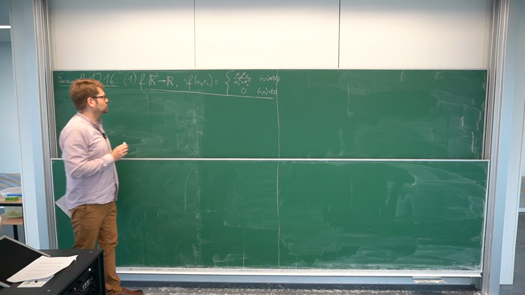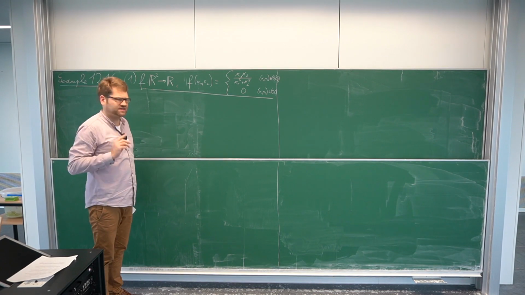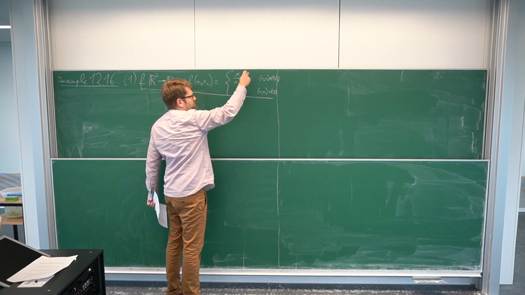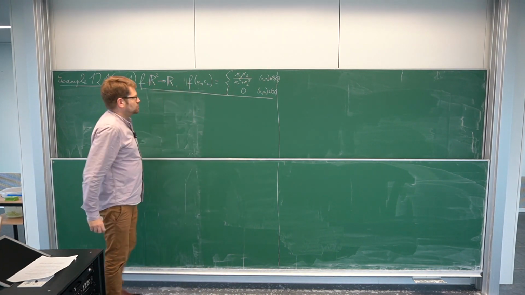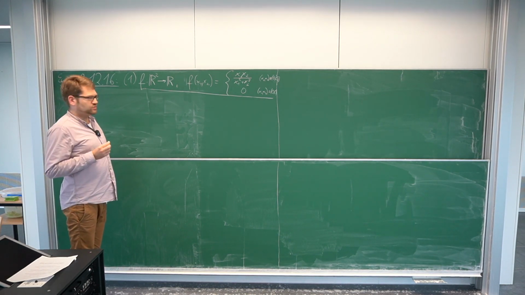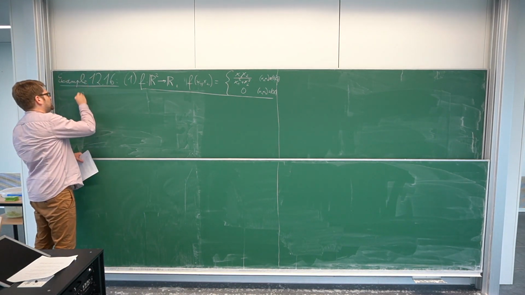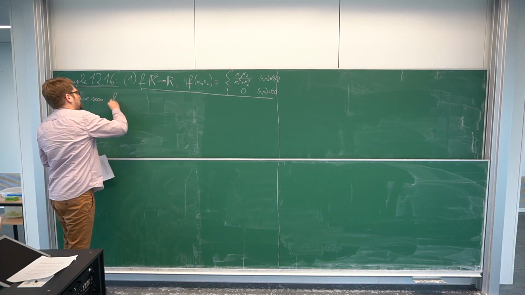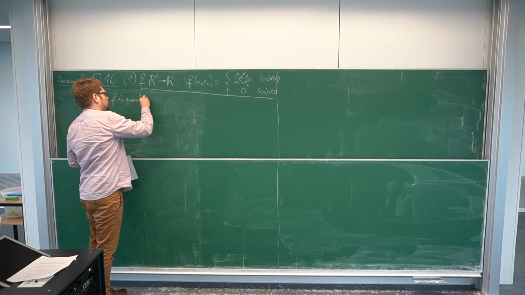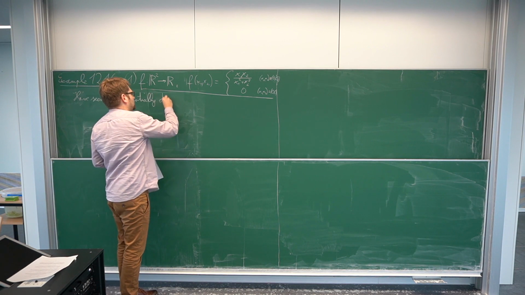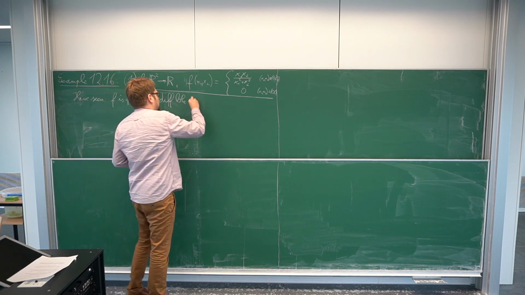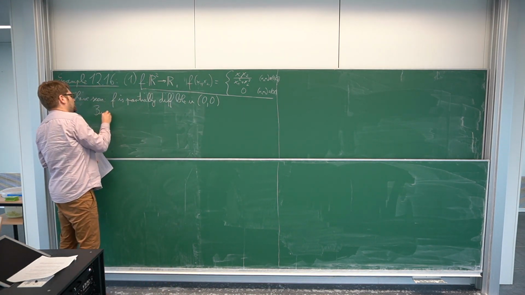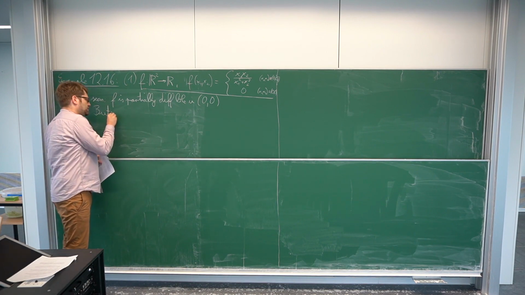The first one is one we already had on the board in the previous section. This interesting function is defined for non-zero points by this expression, and in 0 it's just 0. We have seen that f is partially differentiable in (0,0), and we computed the partial derivatives in (0,0). But this was also an example that not all directional derivatives need to exist.